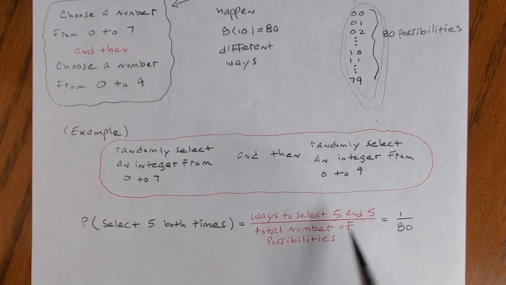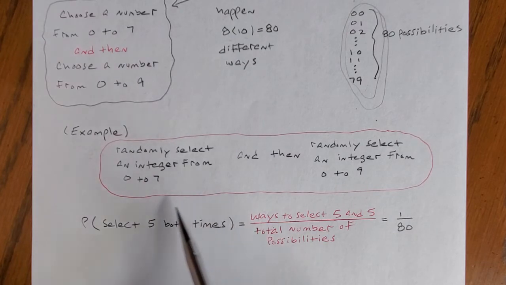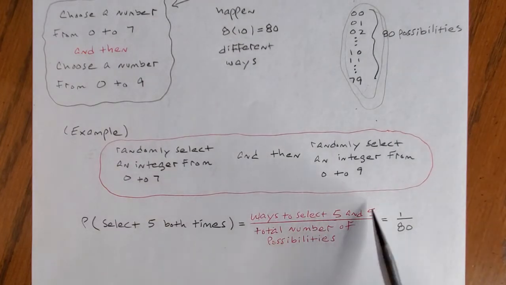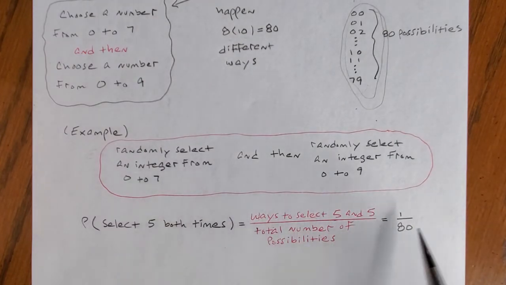Okay? But now the top is what? How many ways can this event happen? How many ways can you select a 5 both times? There's only one way for that to happen, right? You select a 5 on the first choice and a 5 on the second. There's not two ways that this can happen. So our definition turns out to be 1 out of 80, okay?